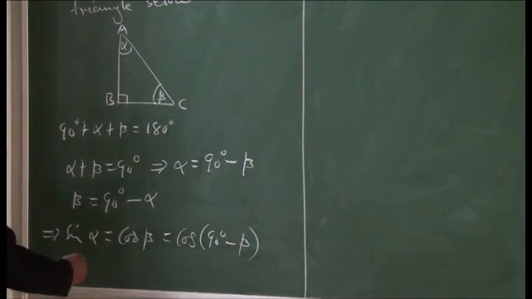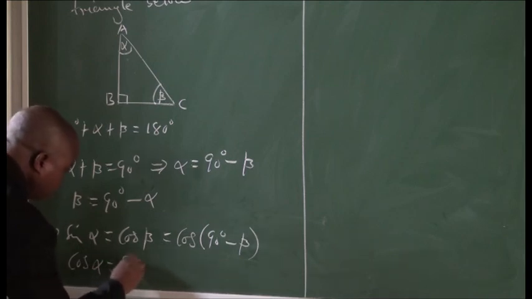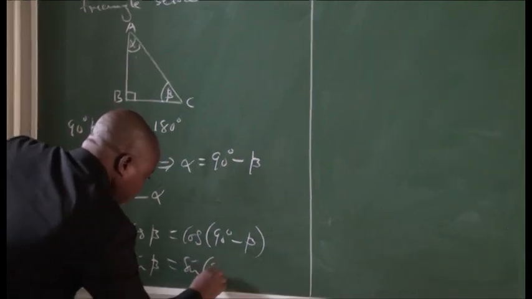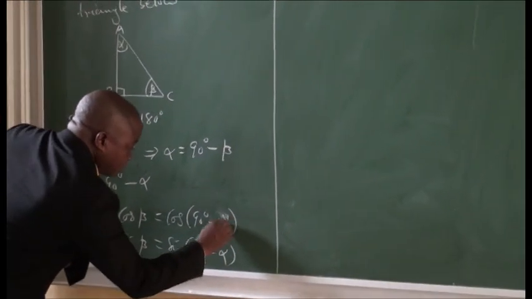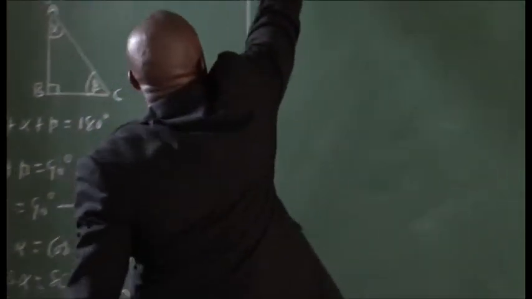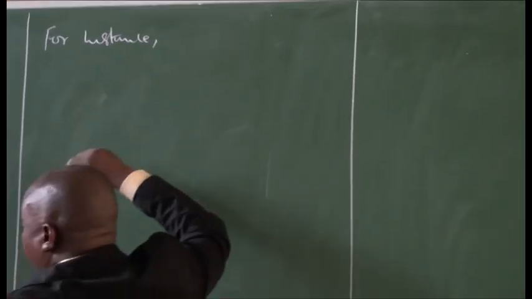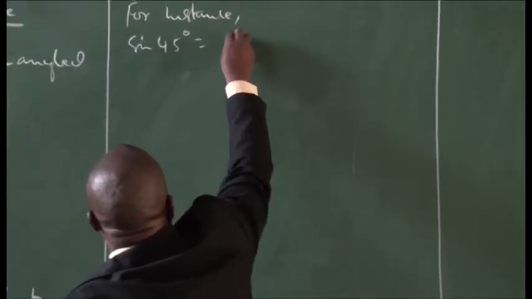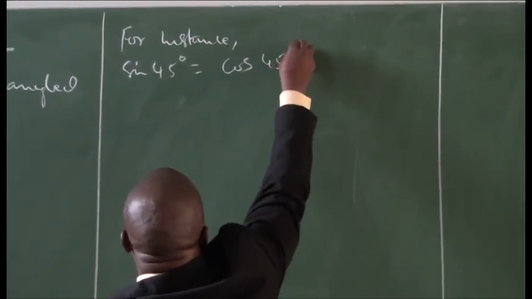So cos alpha will be equal to sine beta, which is equal to sine of 90 degrees minus alpha. So, for instance, sine 45 degrees will be equal to cos 45 degrees.